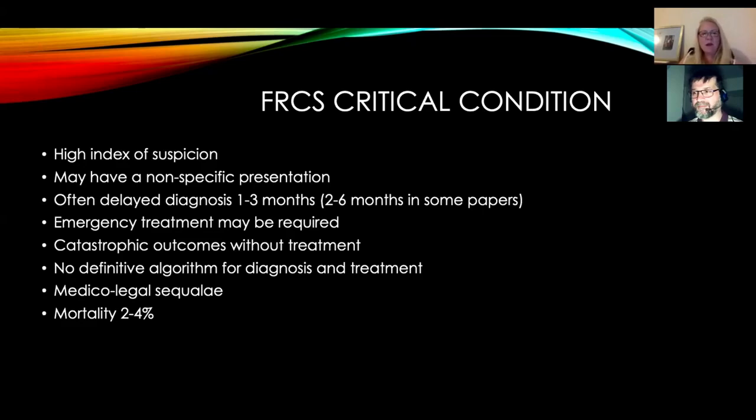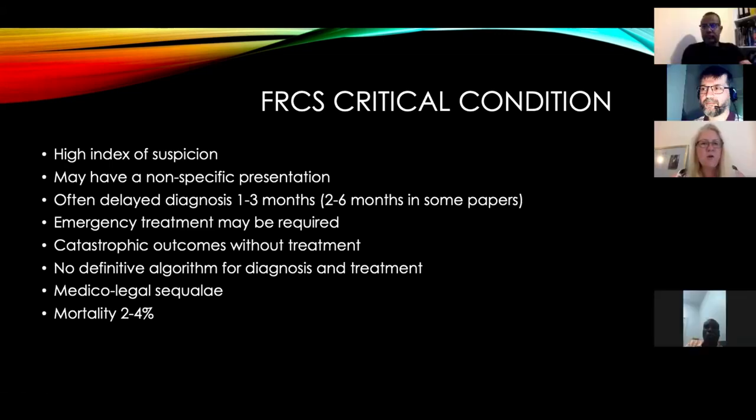They may require emergency treatment, and the outcome may be catastrophic if the diagnosis is missed. There's no definitive algorithm for diagnosis and treatment in these cases, and there are significant medico-legal outcomes. The mortality, as I said before, is between 2 and 4%.